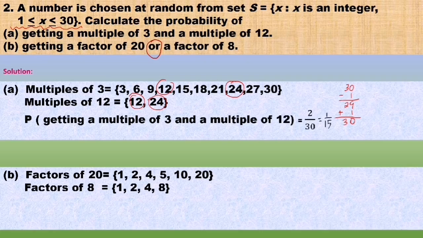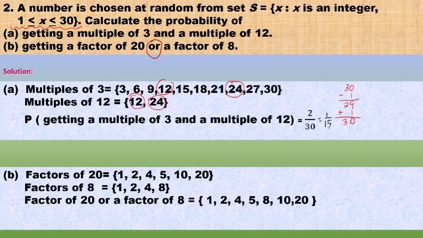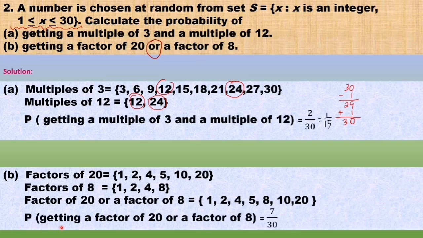Means we combine all the factors of 8 and 20. Factor of 20 or a factor of 8 equals 1, 2, 4, 5, 8, 10, and 20. Probability getting a factor of 20 or a factor of 8 equals 7 over the total is 30.